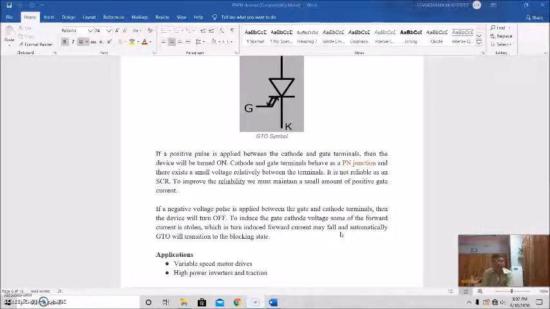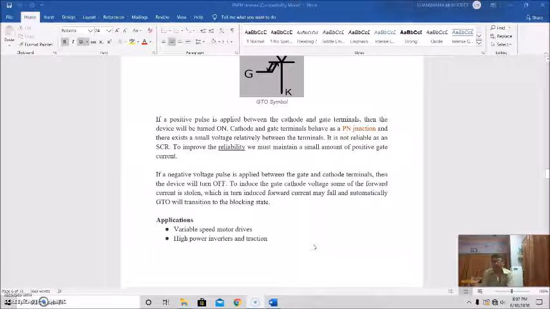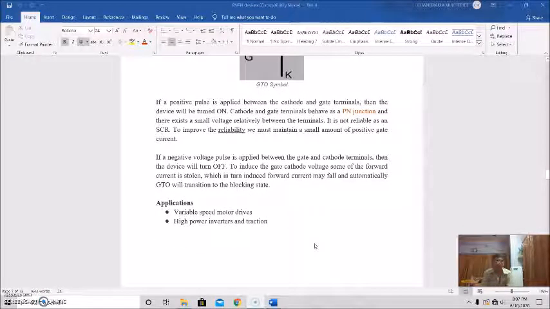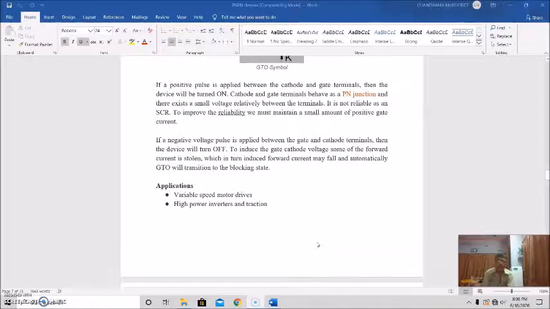To induce the gate cathode voltage, some of the forward current is stolen, which in turn reduces the forward current, and the GTO will automatically transition to the blocking state. It has applications in variable speed motor drives, high power inverters, and traction.